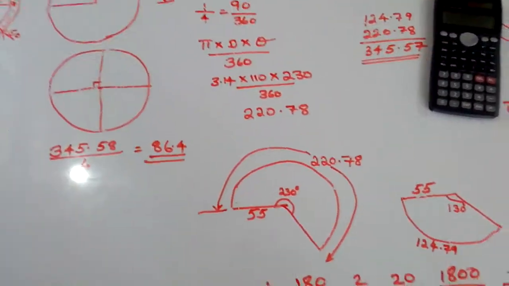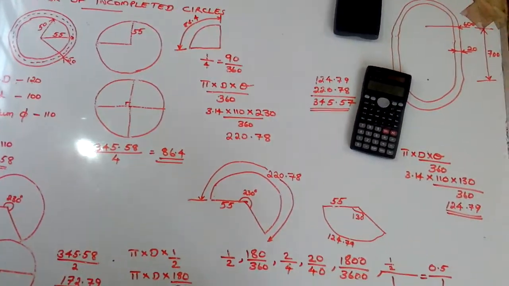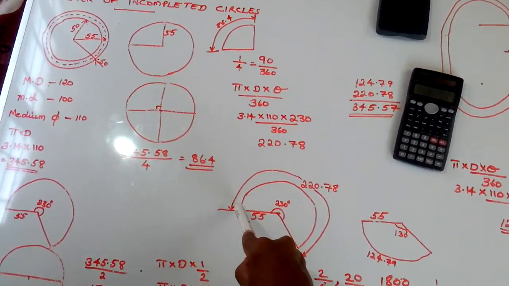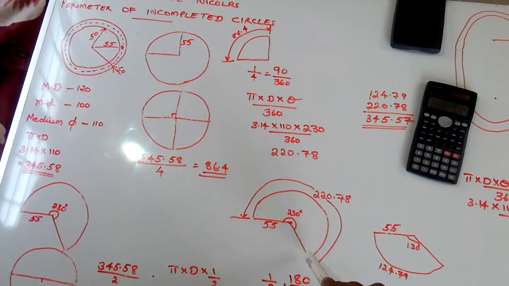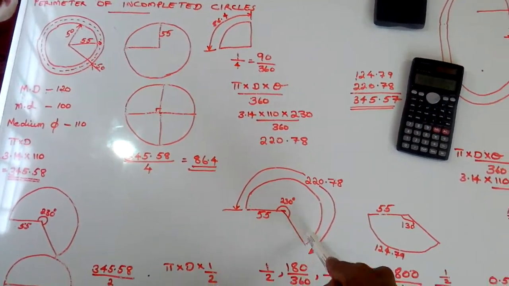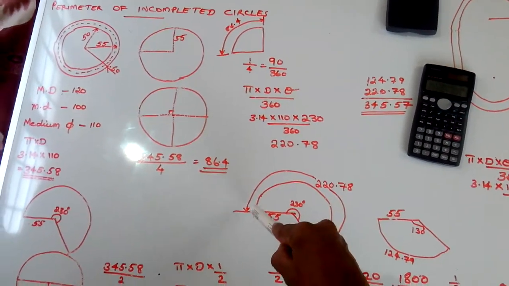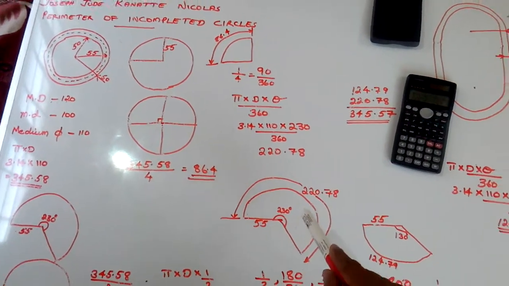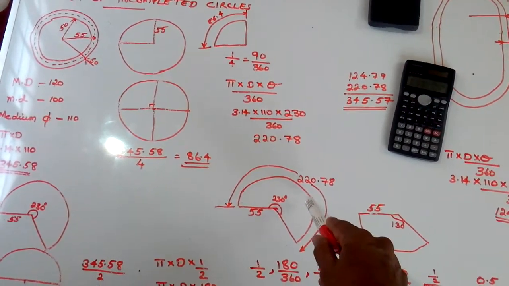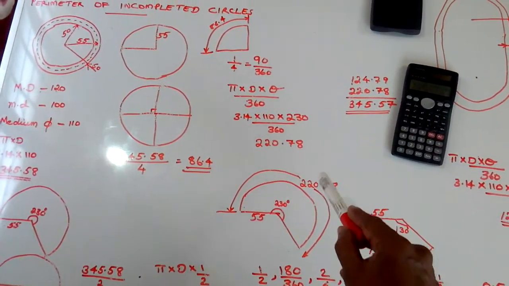So please tell me, what will be the measurement from here to here? Total length of 230 degree is 220.78.